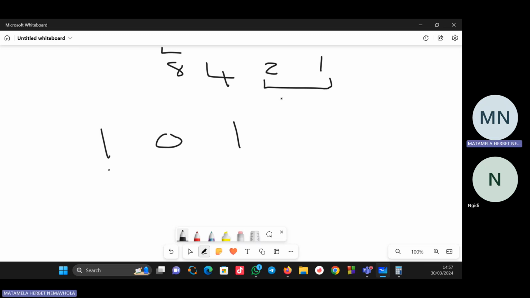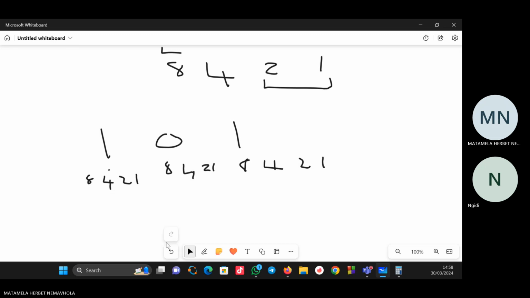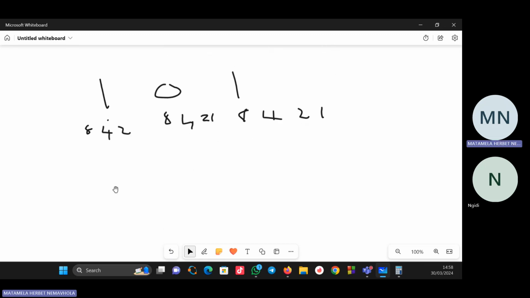You will see that even if I write 8, 4, 2, 1, and then 8, 4, 2, 1, and 8, 4, 2, 1, in this one here, to get 1 is when you have only what?